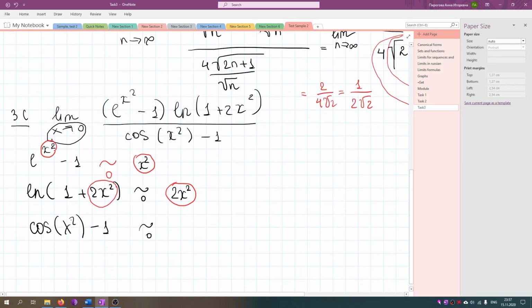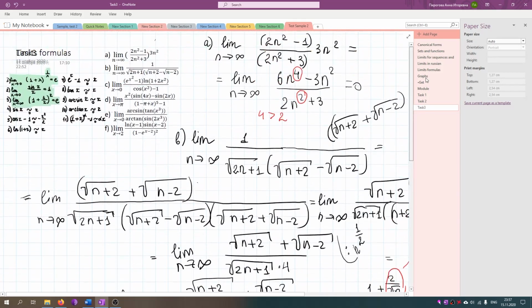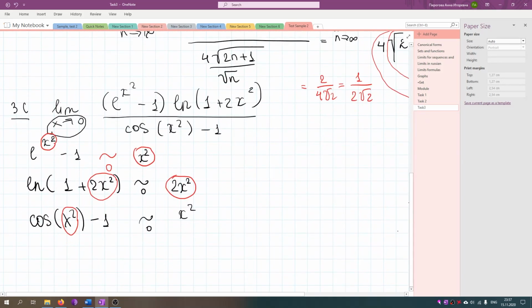And here, instead of x, we have just x squared, and it will be our argument for the equivalent function. We just take x squared, take it to the second power and divide by 2.